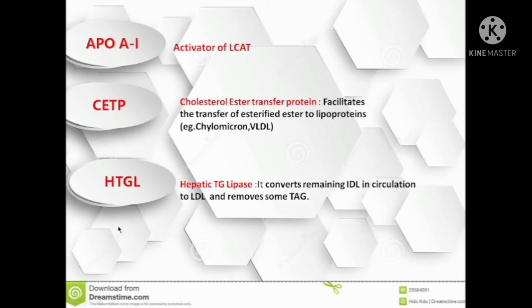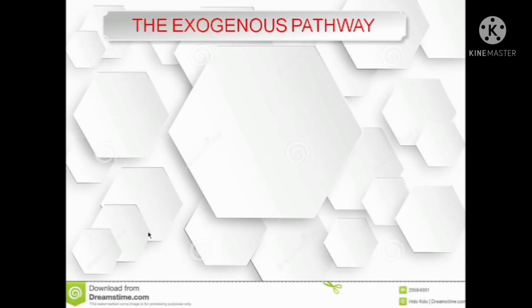This one converts the remaining amount of IDL in circulation to LDL and removes some triacylglyceride content from it. Whilst lipoprotein lipase ensures the hydrolysis, the breakdown of triacylglyceride to free fatty acid and glycerol. Very, very important there.